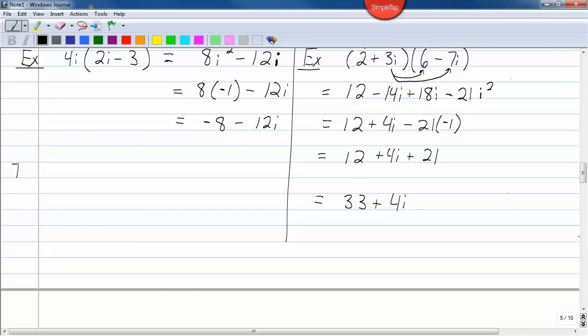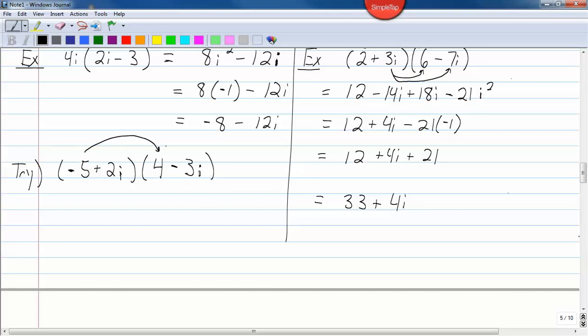Okay. Let's see if you can do this one. Negative 5 plus 2i times 4 minus 3i. So I need to FOIL this out.